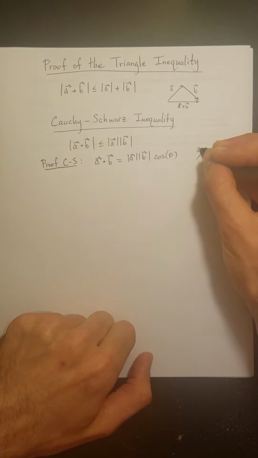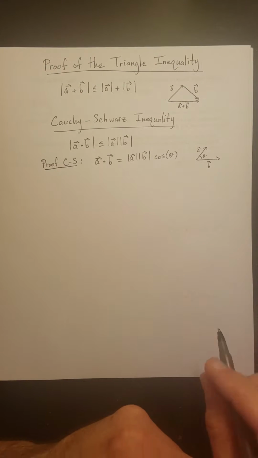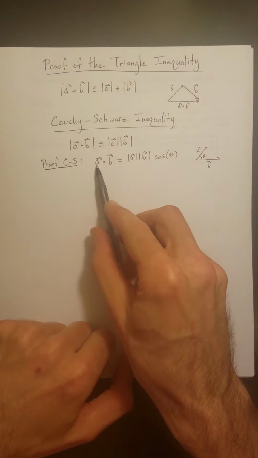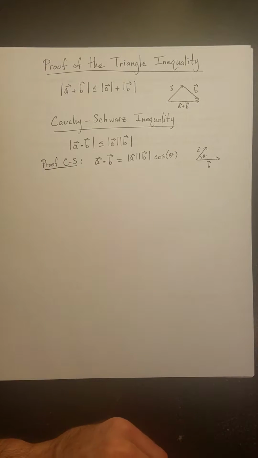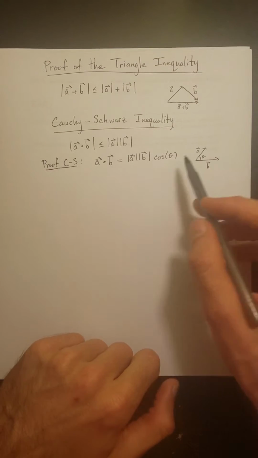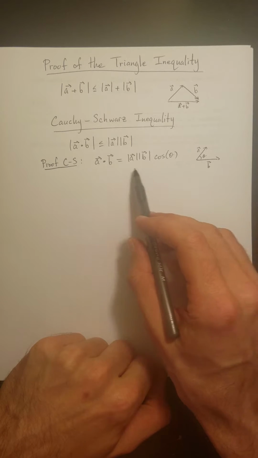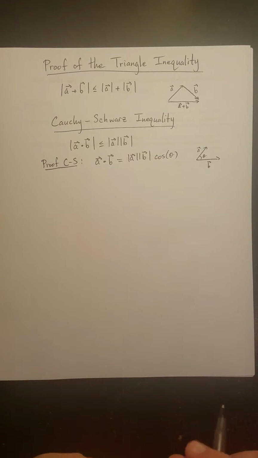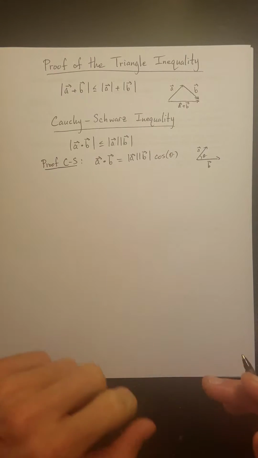So we think about a and b as two vectors emanating from the same point, the origin, for example, theta being the angle between them, and then we know that a dot b is equal to the product of the length of a times the length of b times cosine of the angle between them. And there's a video up where we prove this geometric interpretation of the dot product, so you can consult that video if you want to see how that's derived.